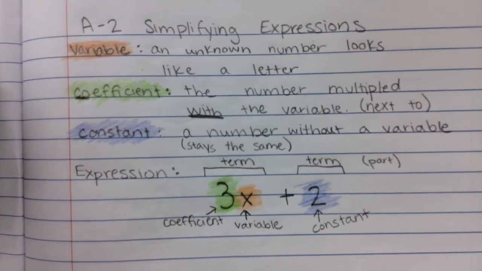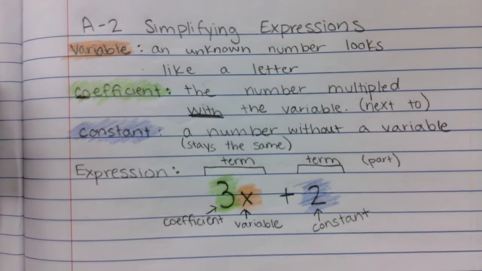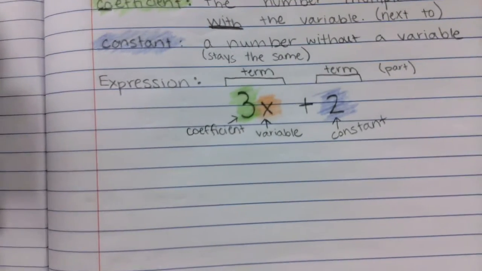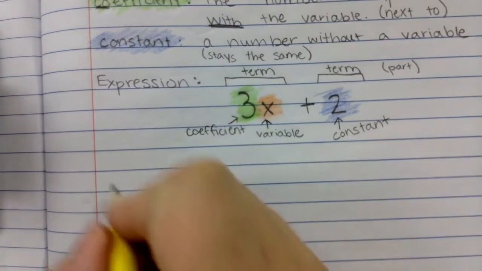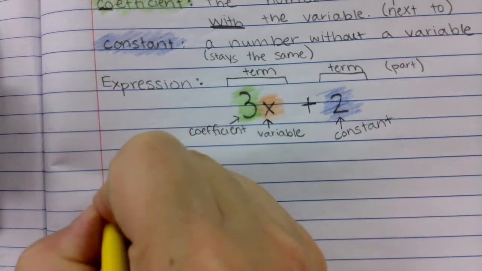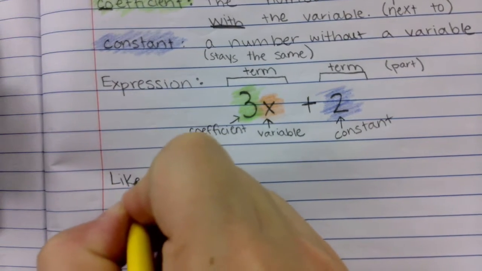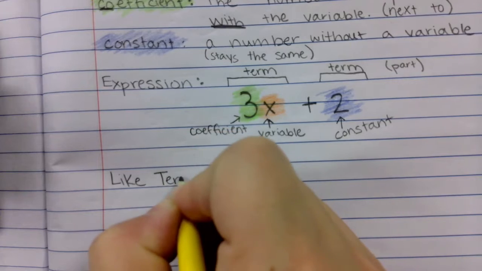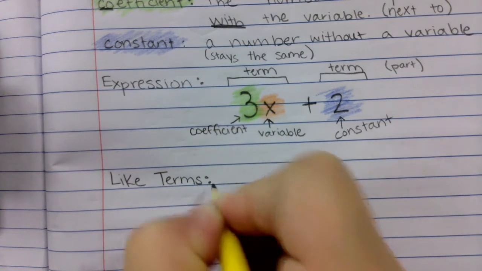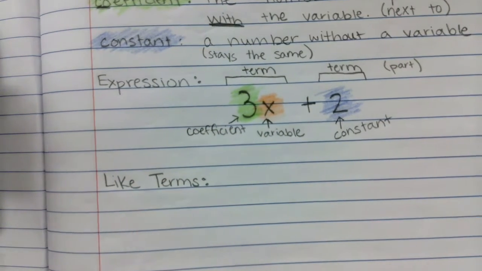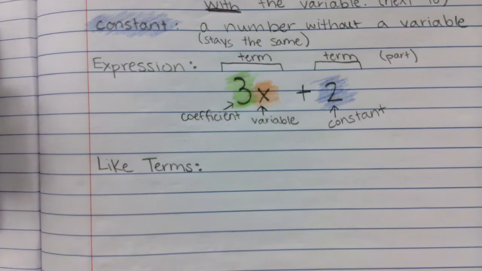Alright, next up we got some like terms. If you are like someone, okay, what does that mean? You're similar. Does that mean you're exactly the same? No. So Taylor, I'm going to pick on Taylor because I know Taylor's older sister, Alexis.